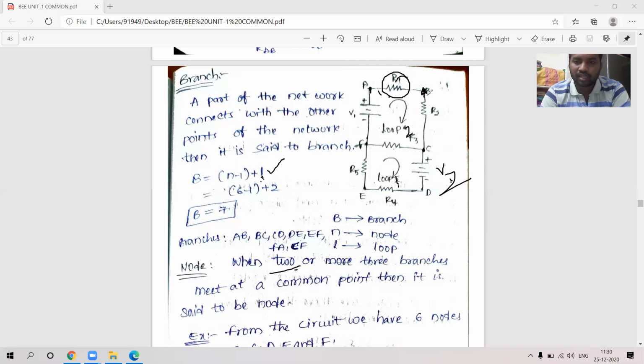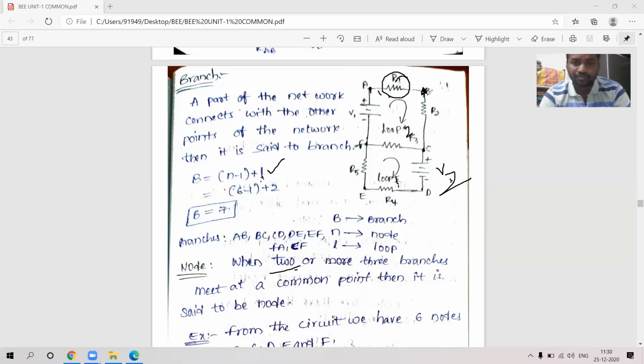Likewise, you have different nodes. How many nodes are there? The condition is minimum 2. In total we have 6 nodes, as already discussed in the branches: point A, point B, point C, point D, point E and point F. All of those are called nodes.